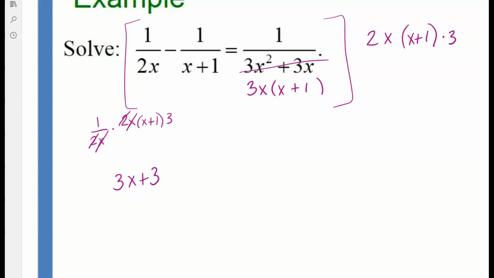Then go to the second fraction and do the same thing. Now I have a minus in between there. You can either take that minus with the numerator, or you can just remember it as you're multiplying these things together. So I have 1 over the group x plus 1 that gets multiplied by the least common denominator, 2x times x plus 1 times 3. We can group this whole denominator, and then that is the same factor in the numerator.